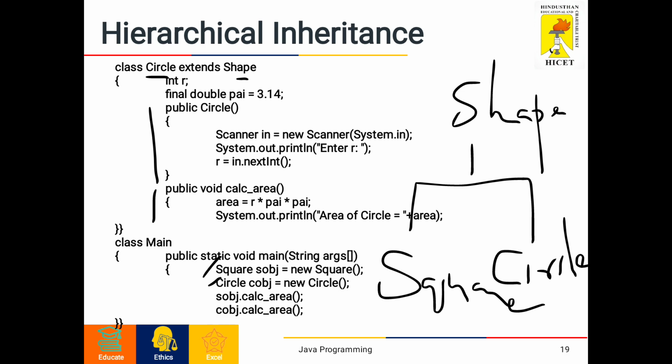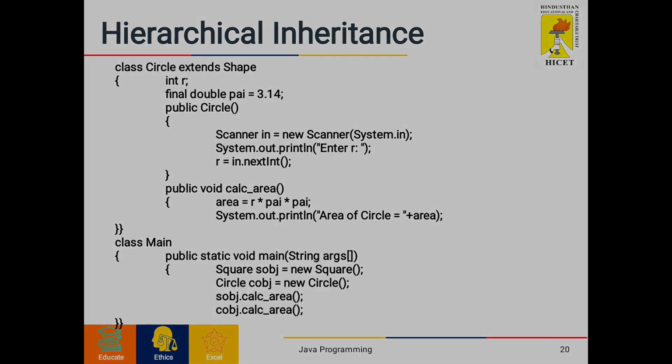Using those objects, we are calling the calculate area method. The first one calls the calculate area of square, so it will print the area of the square. With the second object, we are calling calculate area, so it will call the circle's calculate area, and we will get an output for the area of the circle.